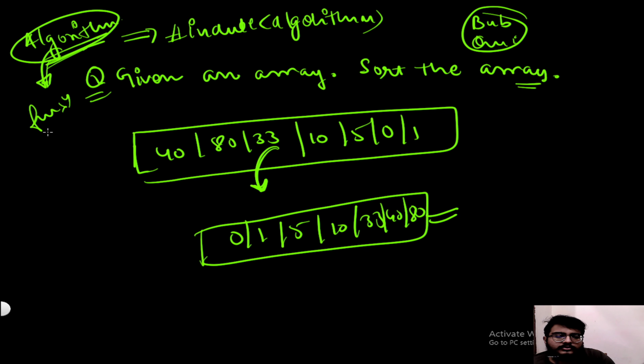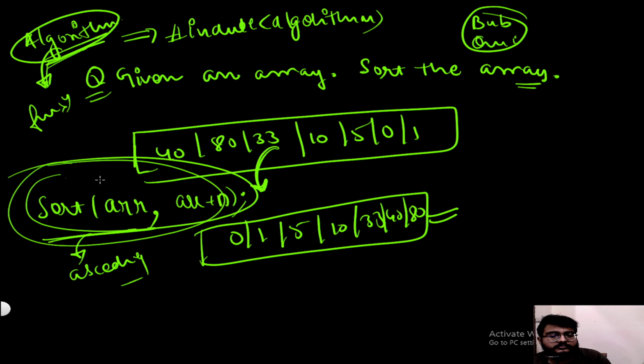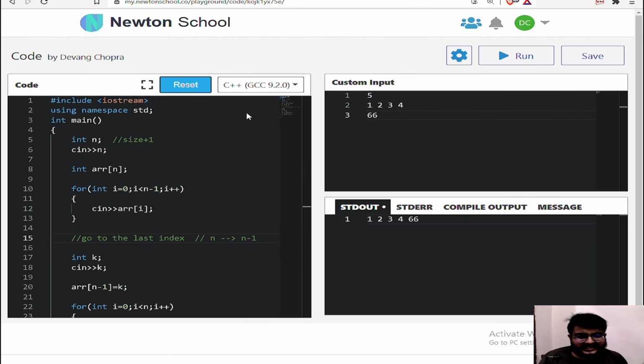This function sort takes the initial pointer, which is array, up to which you want to sort, array plus n, which is the size of the array, and it will sort in ascending order. We will not go into the implementation of this sort function because it is a combination of various functions which depend upon the size of the array and also the complexity, but we will learn this algorithm once. Okay, so let's try to code this.